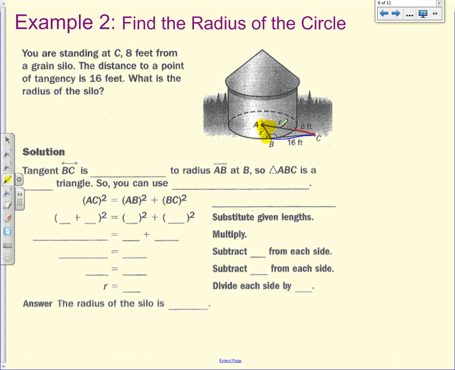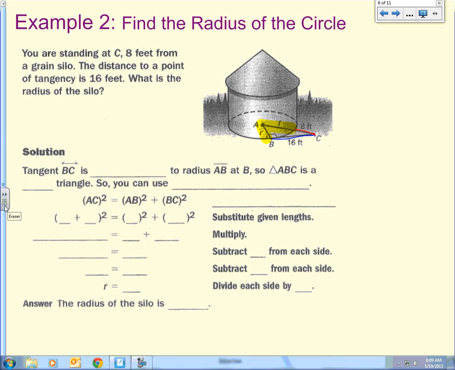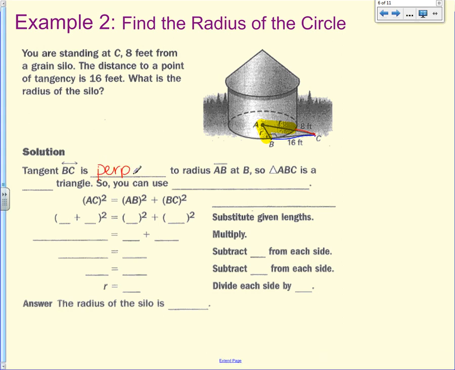So we've got this radius here that we're going to try and find. How do we do that? Well, we know that tangent BC is perpendicular to the radius. So triangle ABC is a right triangle, so we can use the Pythagorean theorem.